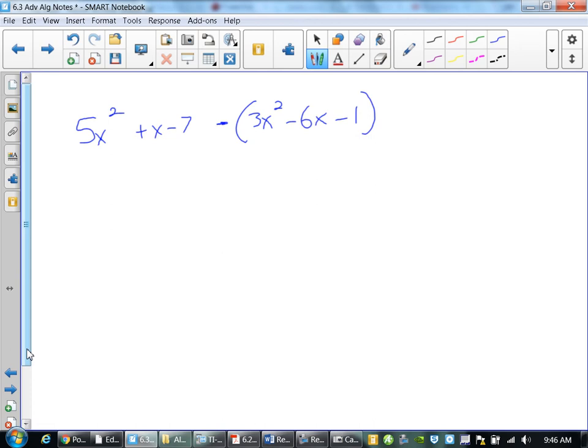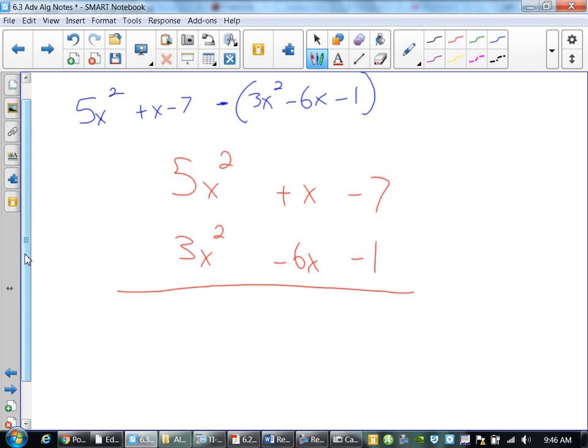So write out your 5x squared plus x minus 7. Notice, again, that I spaced it out a little bit, made it a little bit wider so I have room to see what's happening. Put the values that match underneath: 3x squared minus 6x minus 1.